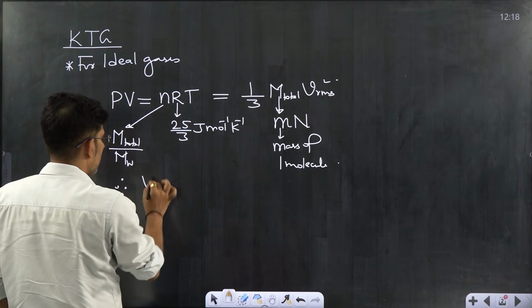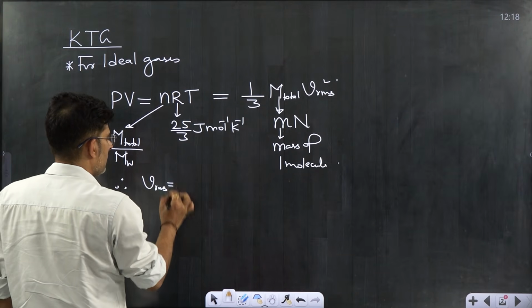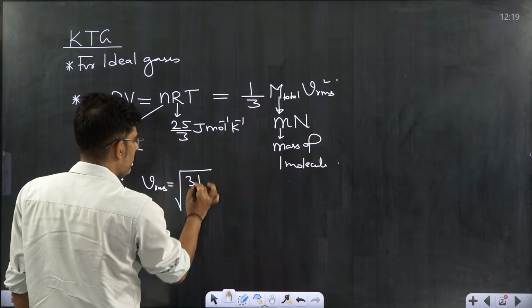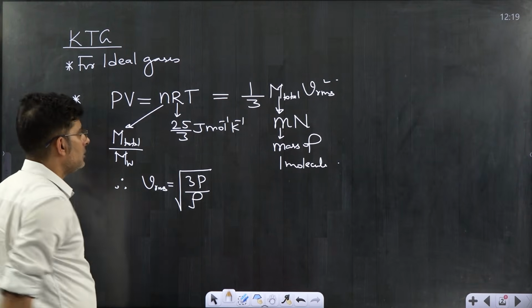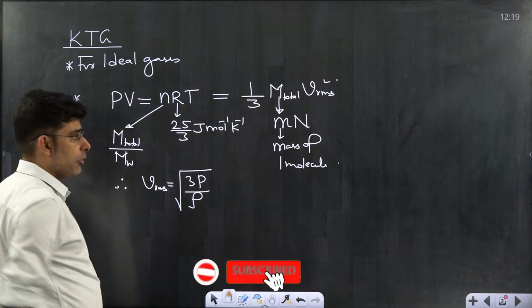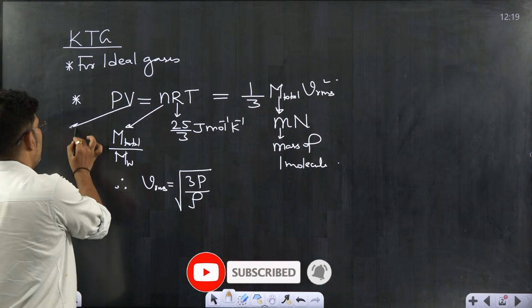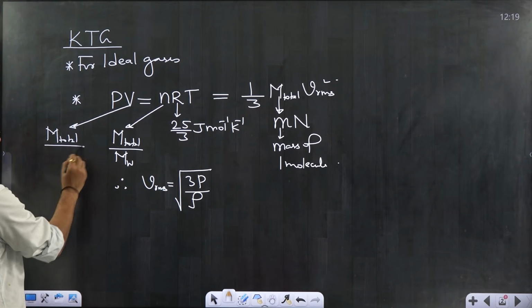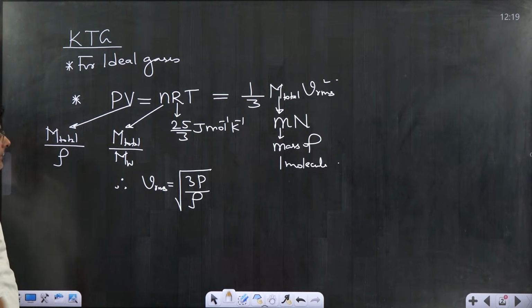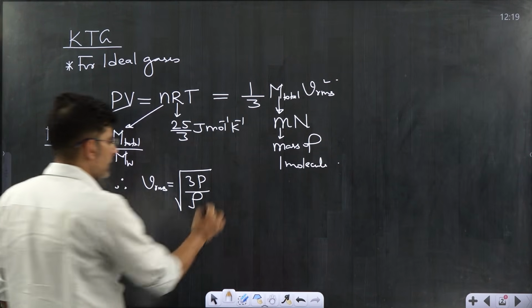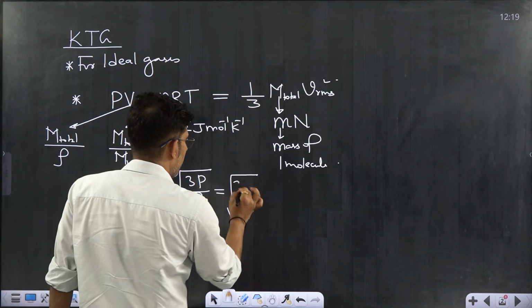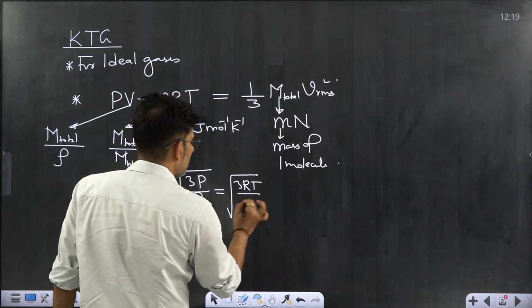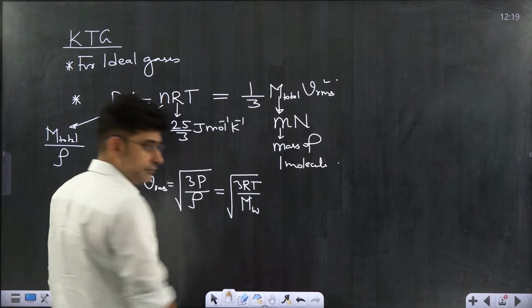From here the V_RMS expression is obtained in two forms, whichever you can use in a question: root of 3P by rho, because volume is written as total mass by density, or root of 3RT by molecular weight.